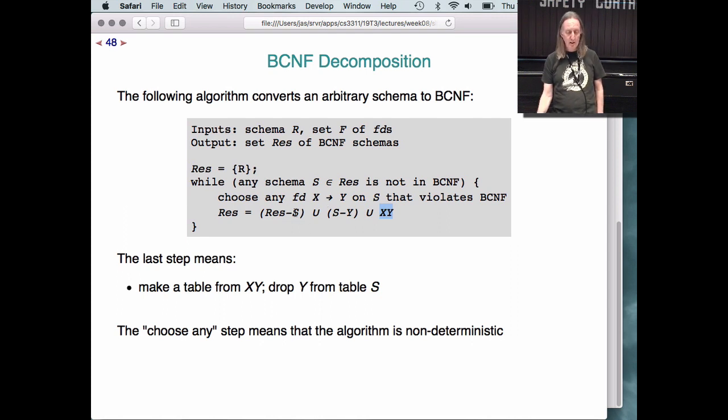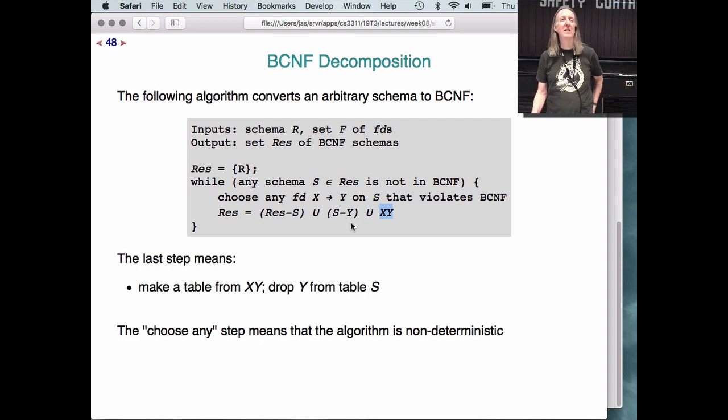So we started out with a table S. We've ended up with two tables, based on this functional dependency. One of the tables has had the attributes from the right-hand side of the functional dependency removed, and the other new table that we're adding into the system has just the attributes from that functional dependency involved.